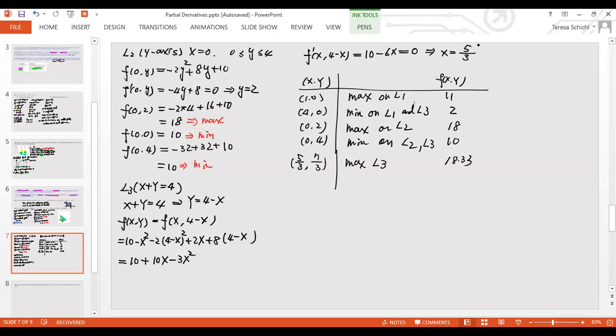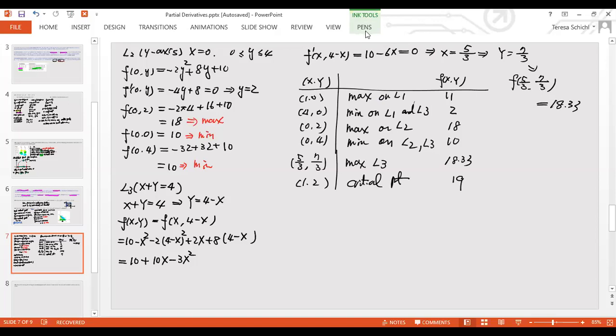So x equals 5/3 and y equals 7/3, that's basically on line 3. If you plug in, I skipped these steps here, 7/3 into the function, you will get 18.33 here. Then the last one is our critical point, and what you have here is 19.